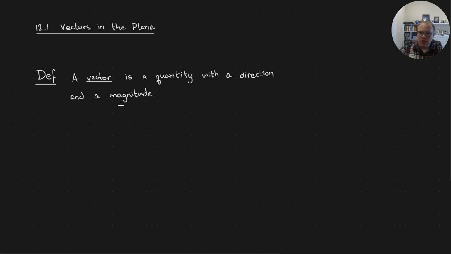Okay, magnitude here, just a fancy word for length. So two things, direction and magnitude. Note in particular that we make no mention of position. So for a vector, we focus on direction and magnitude, but not position.